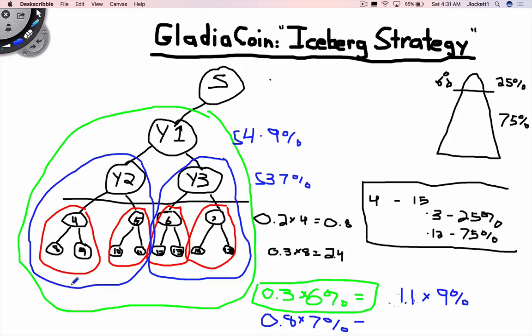The 0.2s become 0.3s, and when you upgrade them, what does it do? It sends new binary commissions. All these matching amounts will send more binary commissions upward. So it's a really powerful strategy. The iceberg keeps getting deeper and it gets bigger down here.